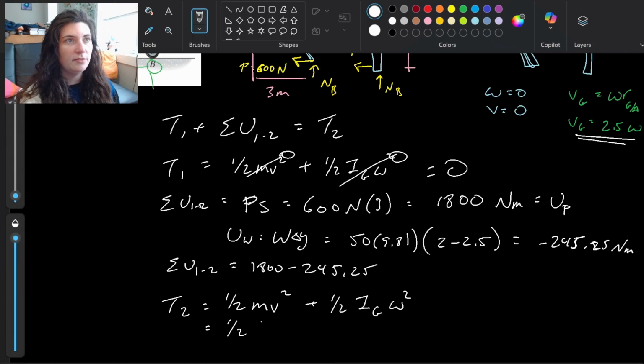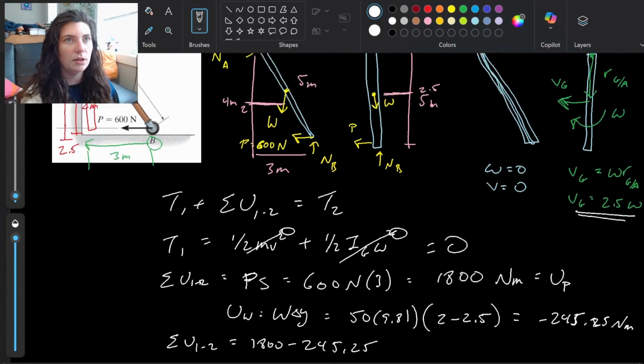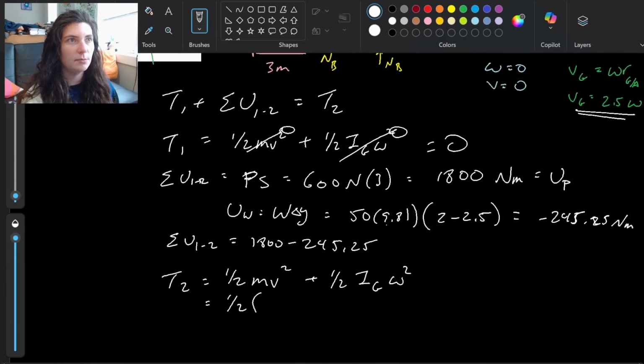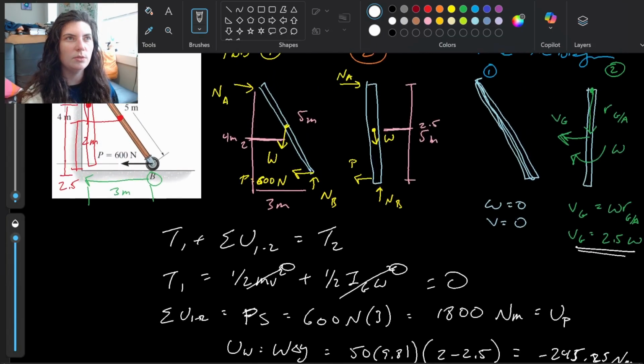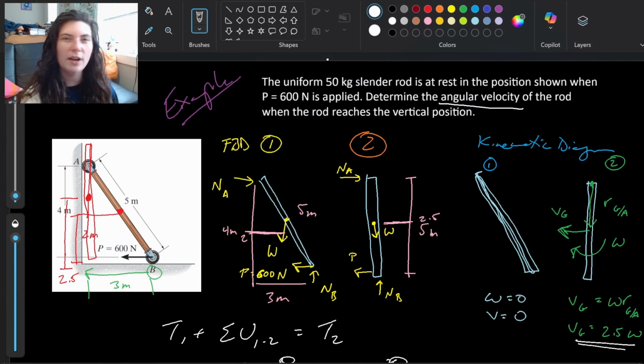We're going to have 1/2 times the mass of the rod, which we said was 50, times Vg, which I'm going to put in terms of omega, so 2.5 omega squared, plus 1/2 times Ig. If we think about our Ig, look at our problem statement, we don't have a radius of gyration, so we can't use that shortcut. But it does tell us that the shape is a slender rod.